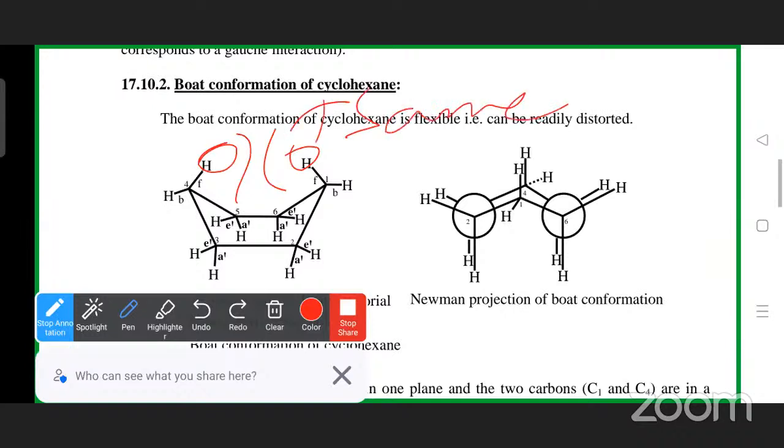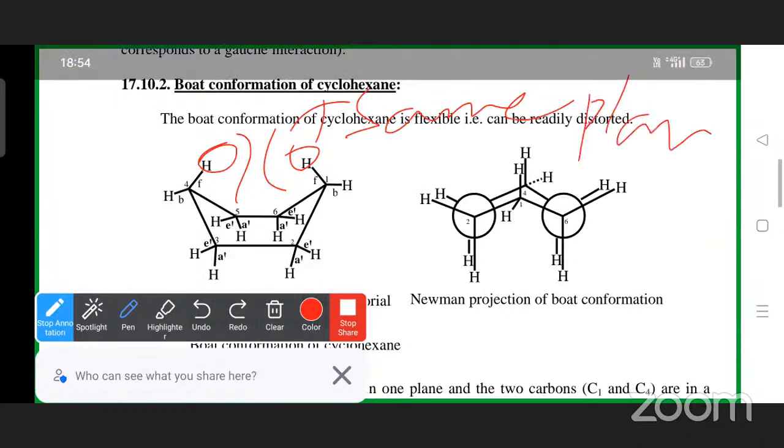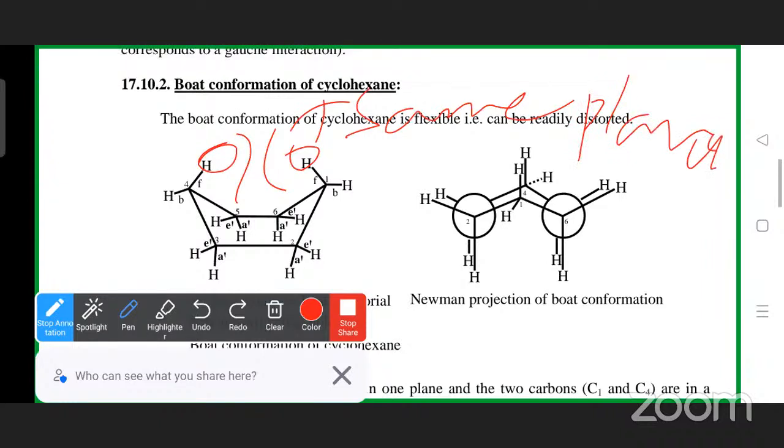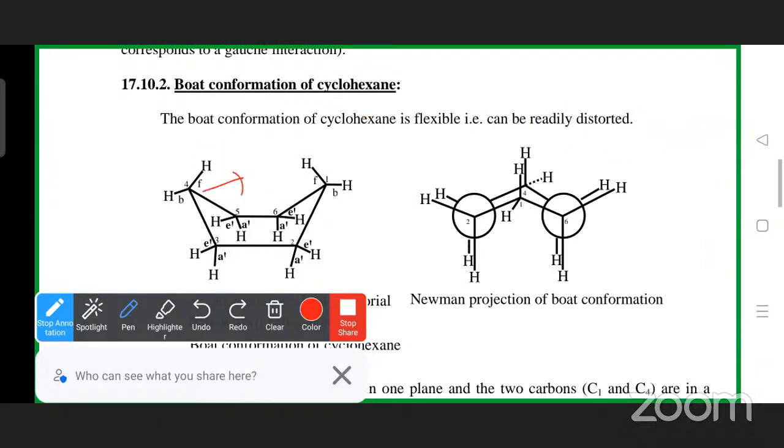These are called the flagpole hydrogens, and you can see the interactions of these two. Due to this flagpole hydrogen interaction, it is a destabilizing factor.